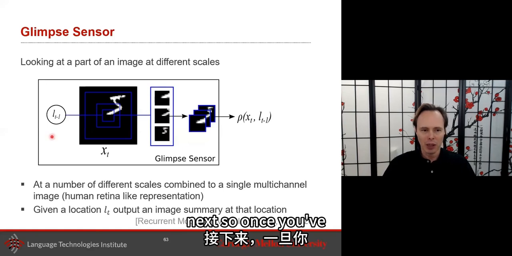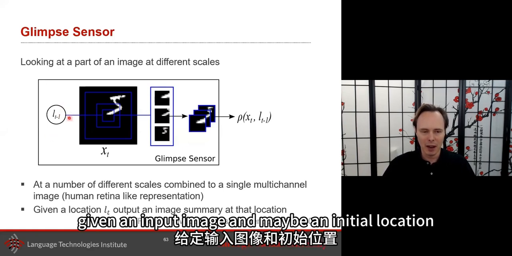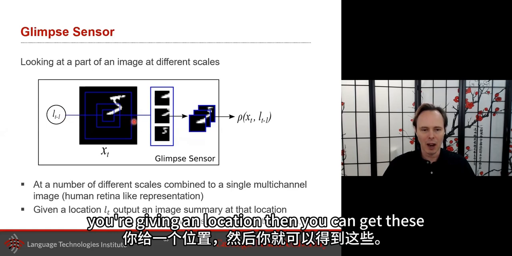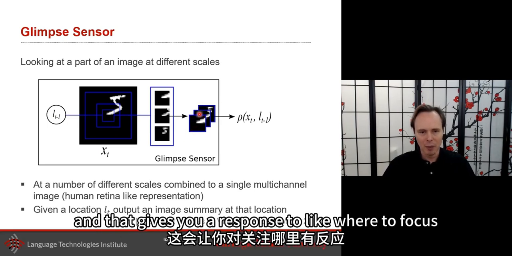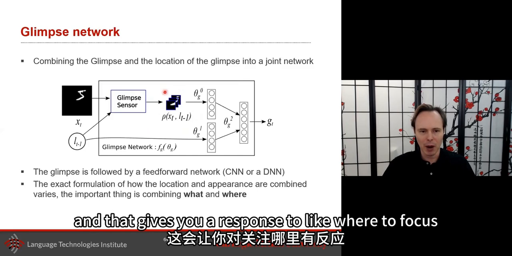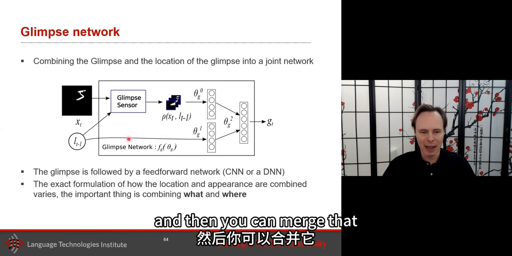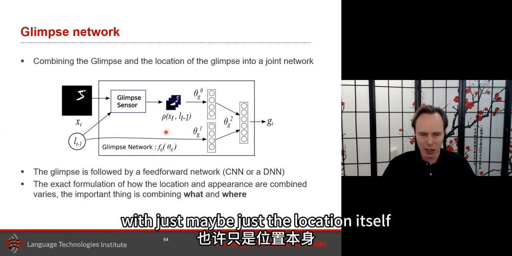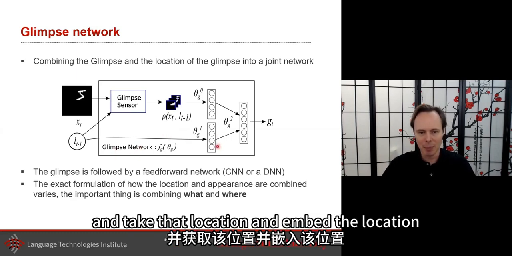So once you are given an input image and maybe an initial location, then you can get these representations, and that gives you a response on where to focus. Then you can merge that with the location itself, and embed the location.